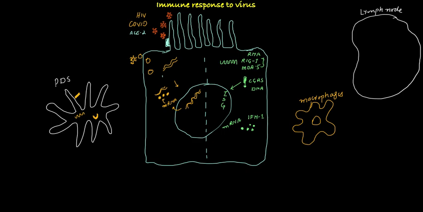Now they are going to perform a very important function called the antiviral state. They are going to establish an antiviral state, and how they do it: first, they can block the entry of the virions into the cell. They perform a lot of functions, and I'll mention some of them. They can also produce exonucleases which can degrade the nucleic acids that are part of the virion.